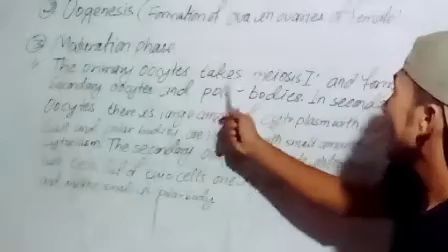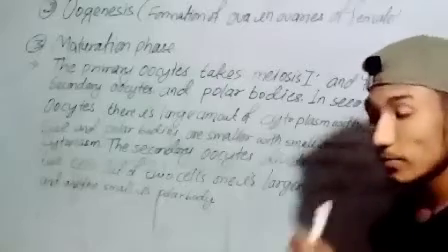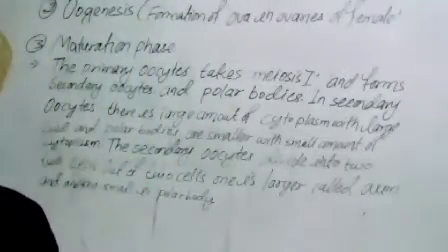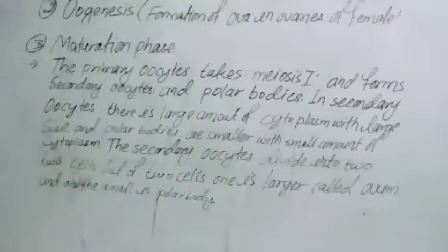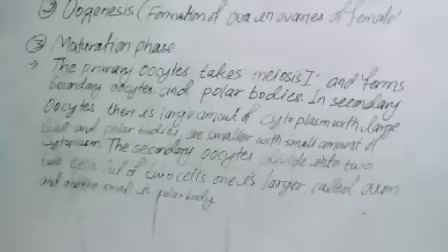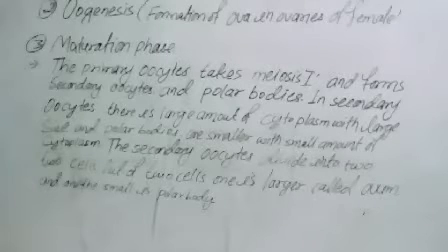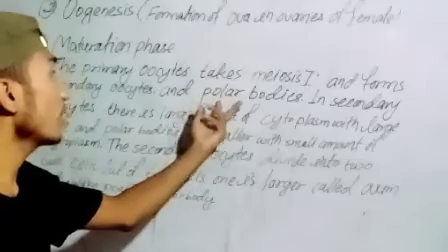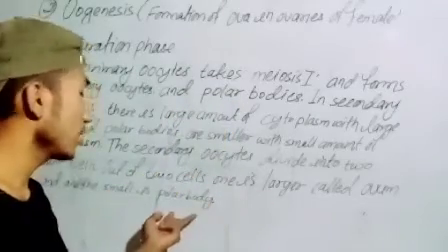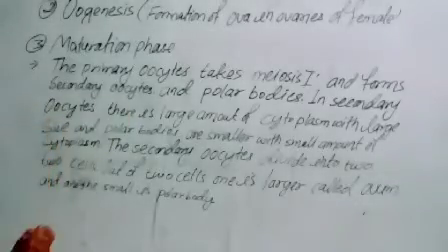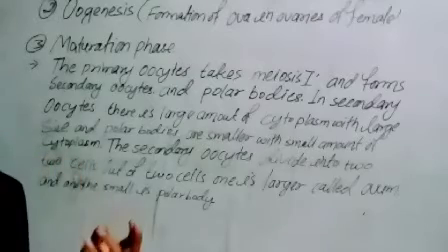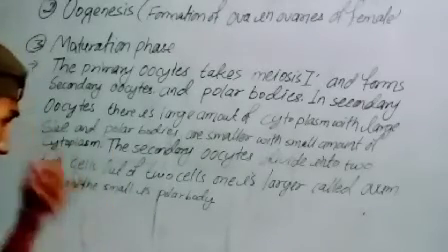The primary oocyte undergoes the meiosis process, first meiosis, and forms the secondary oocyte and polar bodies. The secondary oocyte is larger in size, and the polar body is smaller in size. These are called the first polar bodies because they form first. The secondary oocyte also divides into two, one is ovum and the second is again a polar body.